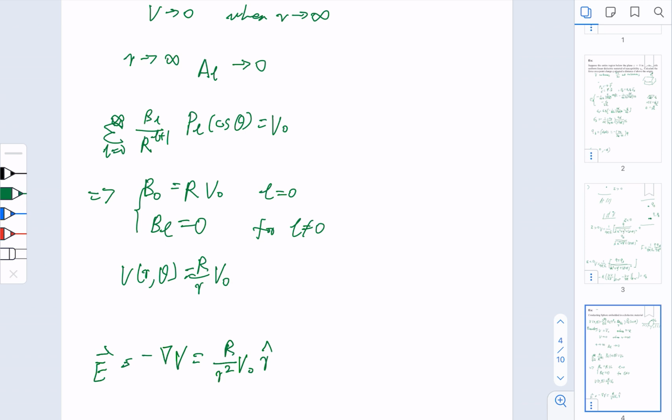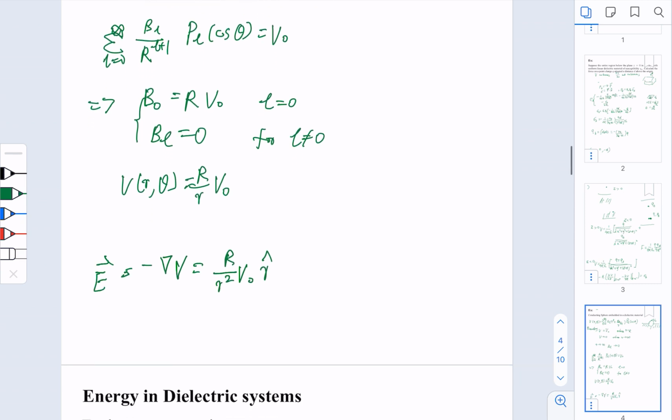So this looks like a simple point charge problem, and the difference is that right now we have this linear dielectric material. So below this surface there must be some polarization, and this polarization vector is epsilon naught times chi e times the electric field, because this is linear. And now we plug everything in.